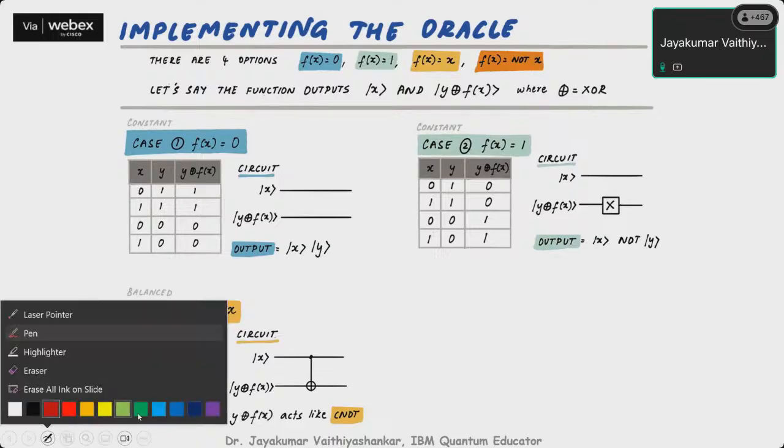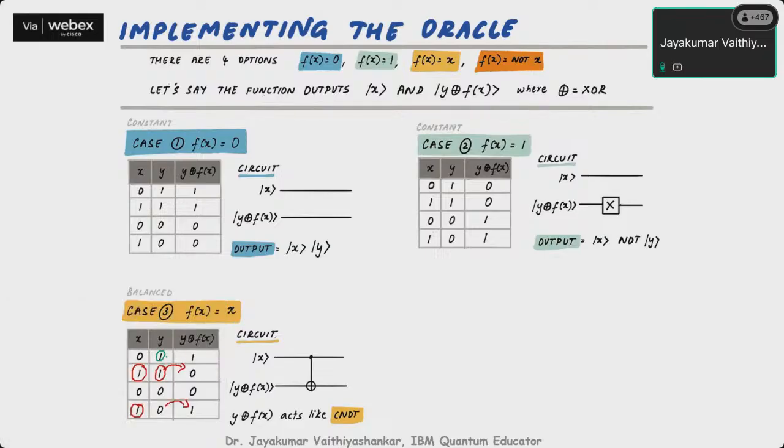Otherwise, it will retain it as it is. Whenever there is a NOT operation, I represented it with this red color. If there is 0 in x, it will retain y as it is. It won't change. So this is an example of controlled NOT.